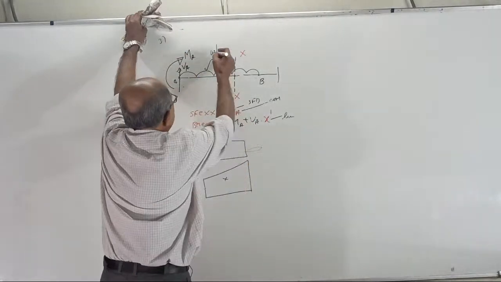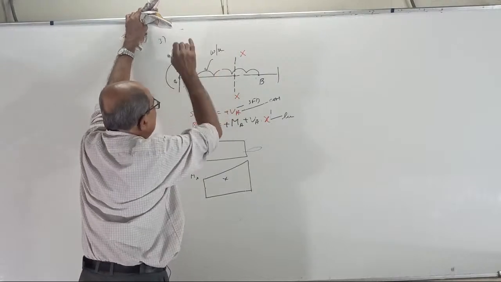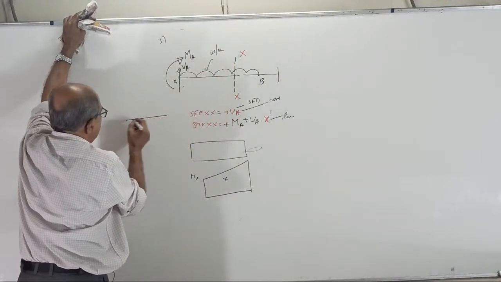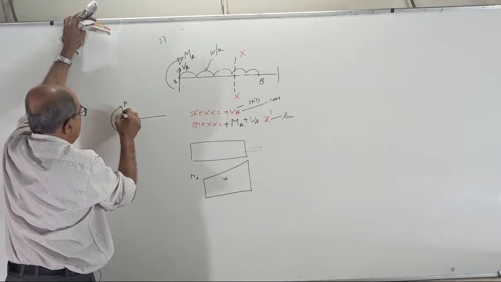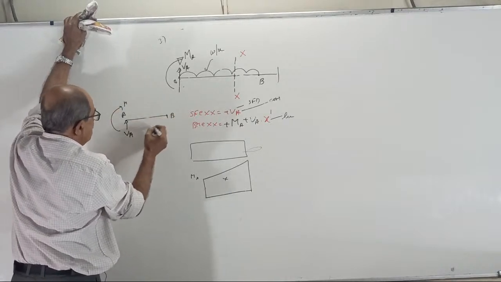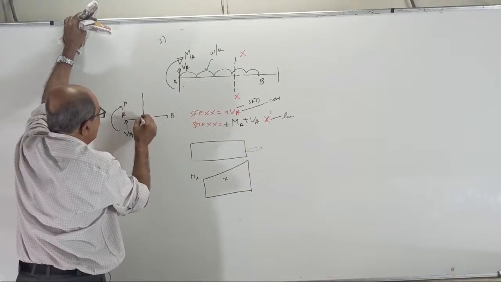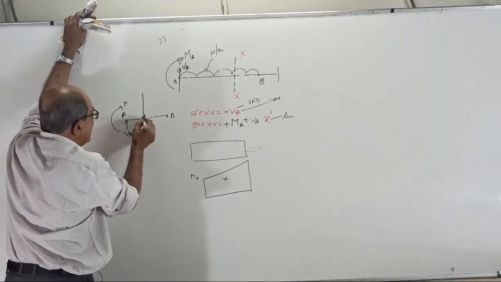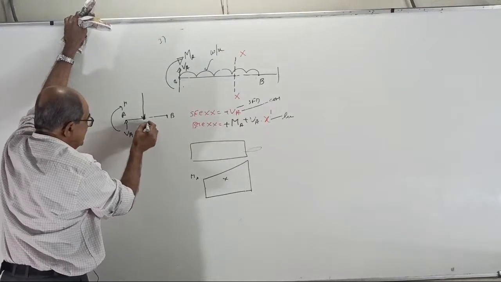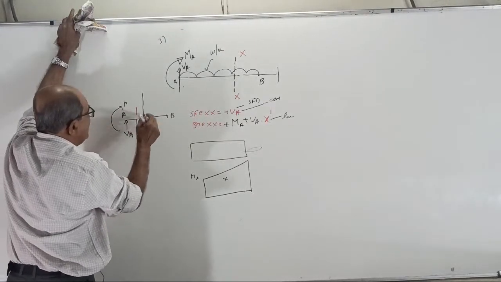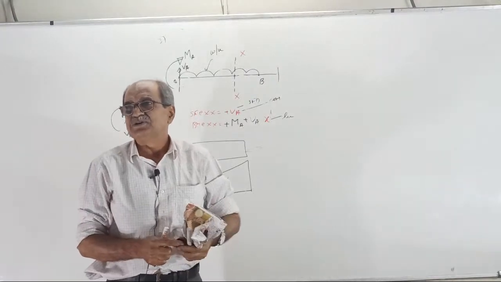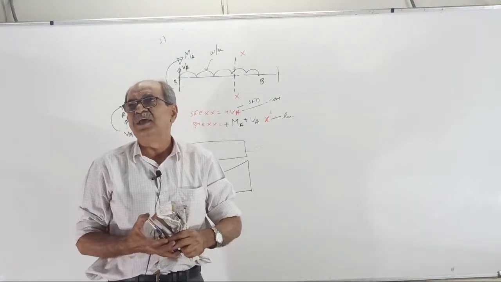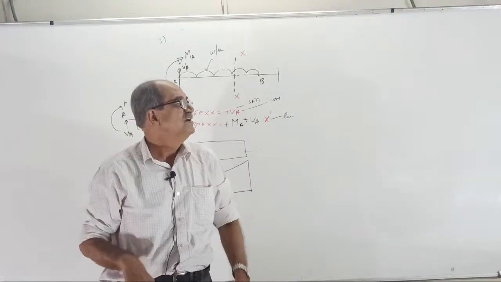Suppose, for example, VA, MA and B. Someone will say, if a point load is here, then this also will become a standard point. Then your section should be here and here. Between two standard points, first of all, where a point load is there is a standard point.